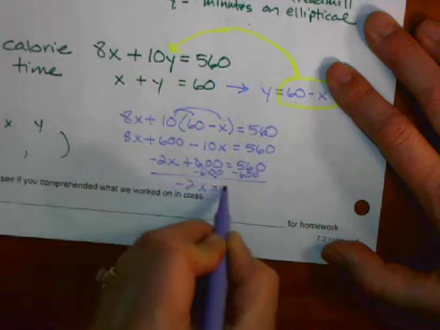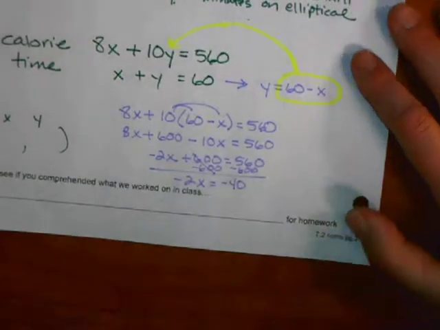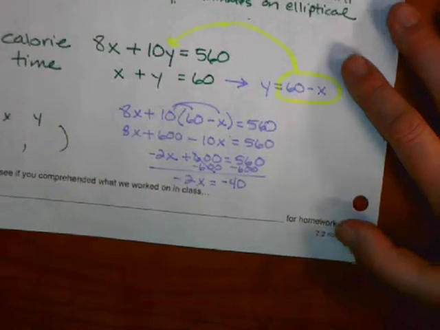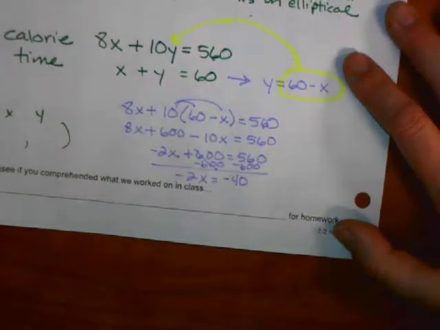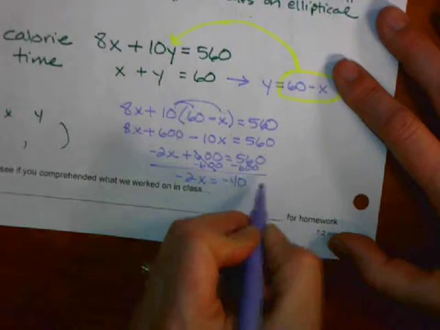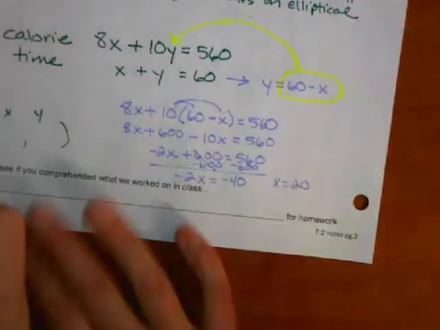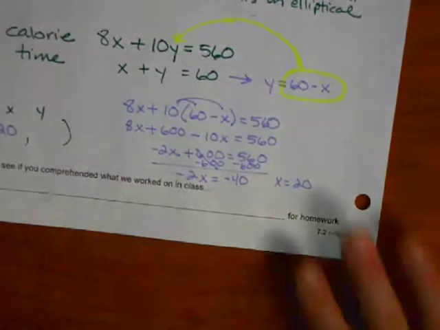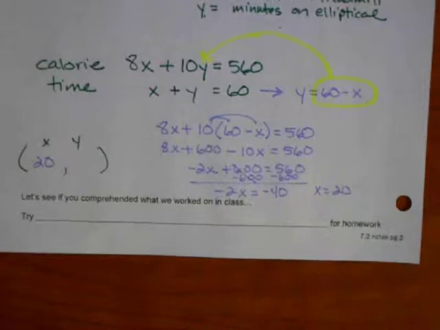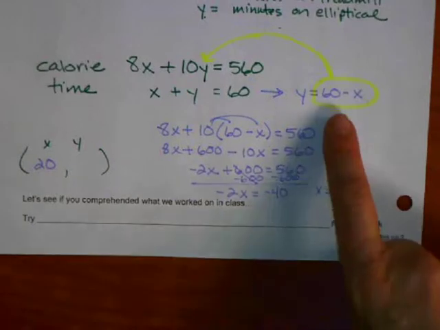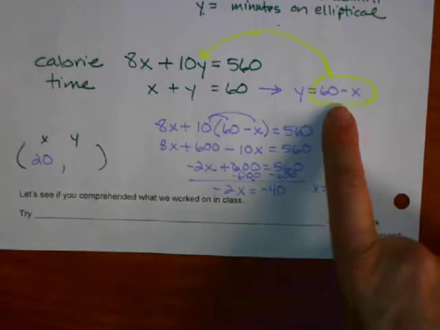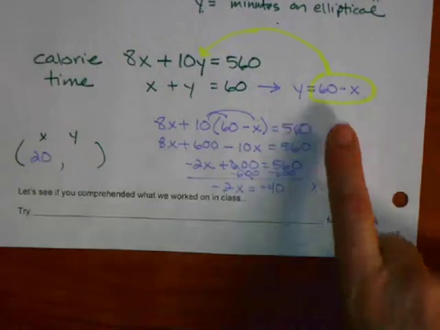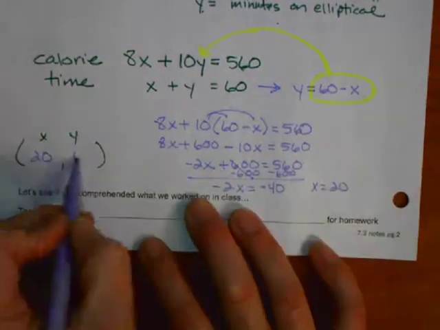Negative 2x equals negative 40. Yep. And x equals 20. So I'm going to put that right here. X equals 20. Really, really super easy to take x equals 20, stick it in here. What is y? 60 minus 20, y is 40.